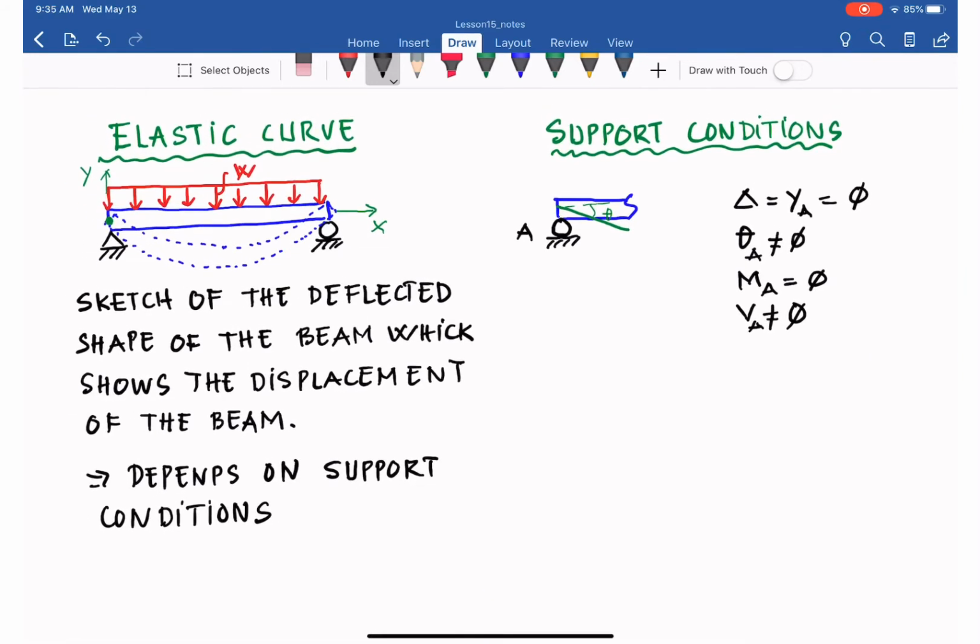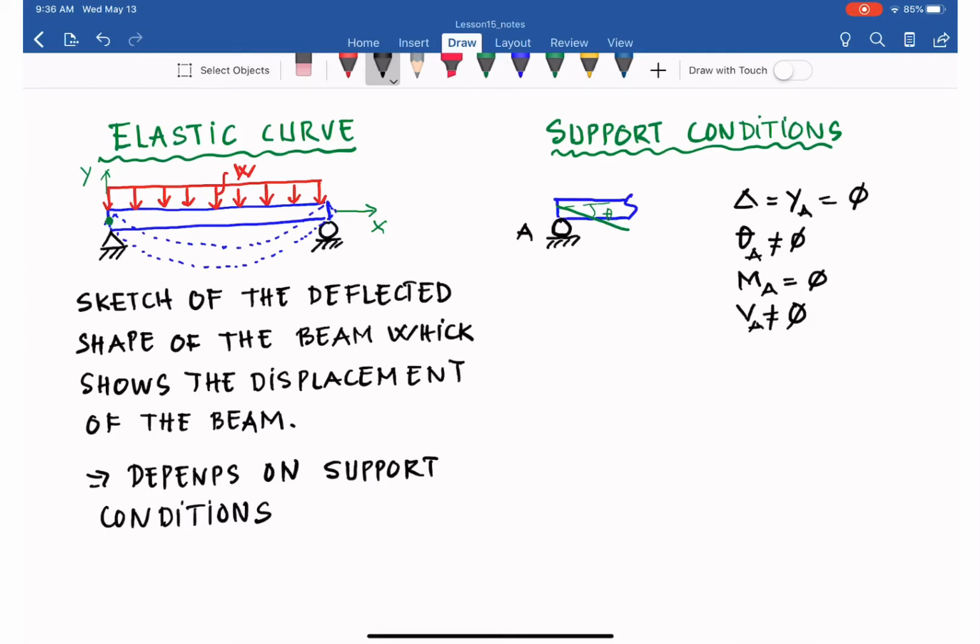So basically, if we have a roller at one end, the delta will be 0, the angle of the deflection will be non-zero, the moment is 0, and the shear, or the vertical reaction at A, will be non-zero. That's nothing new in here.